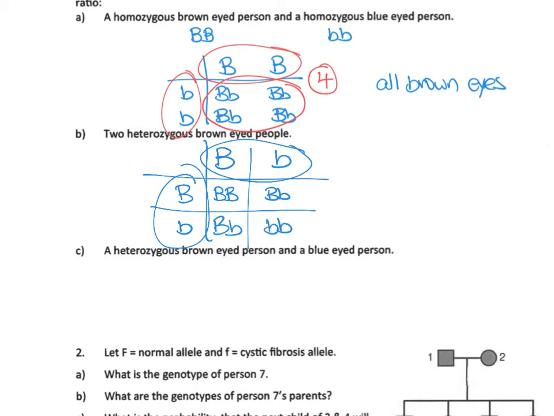So again, 2 marks for getting all the offspring right, so that's 4 so far for that, and then 1 mark for working out that you have got, well, these 3 here have all got brown eyes, so that's 3 brown, and this one here has got blue.